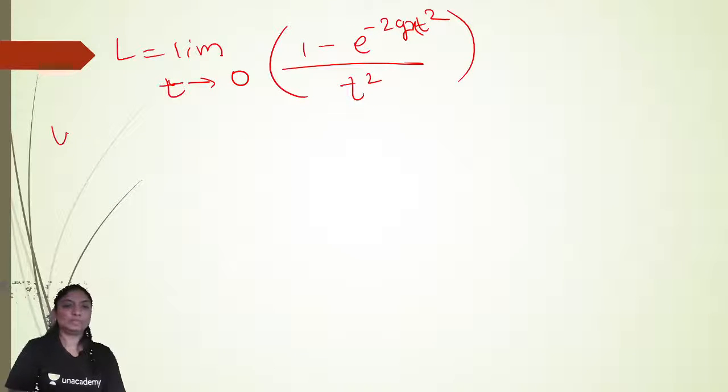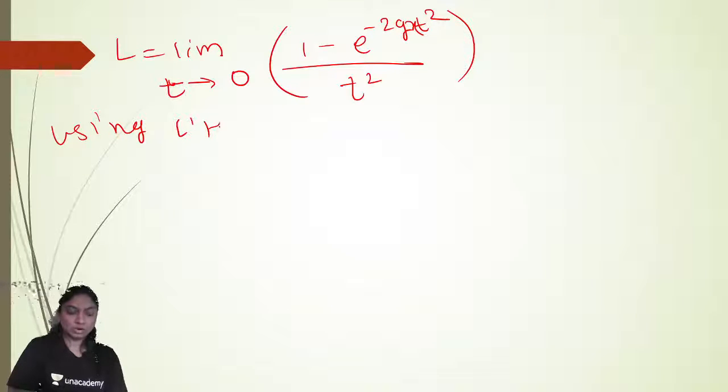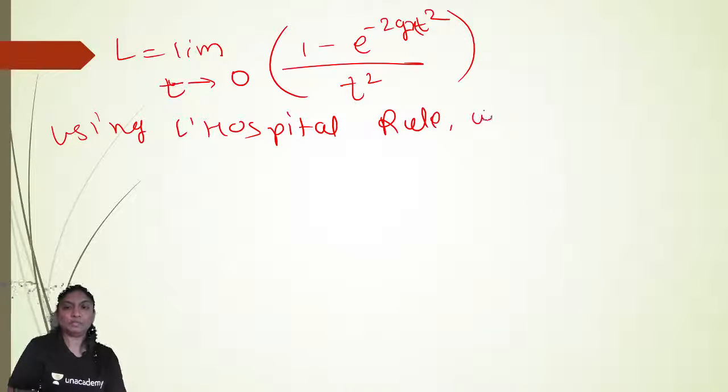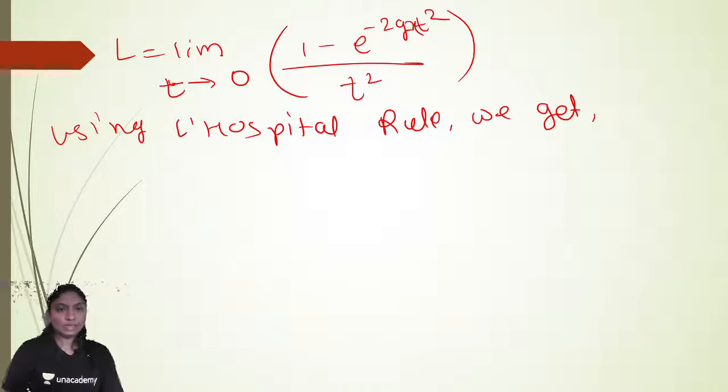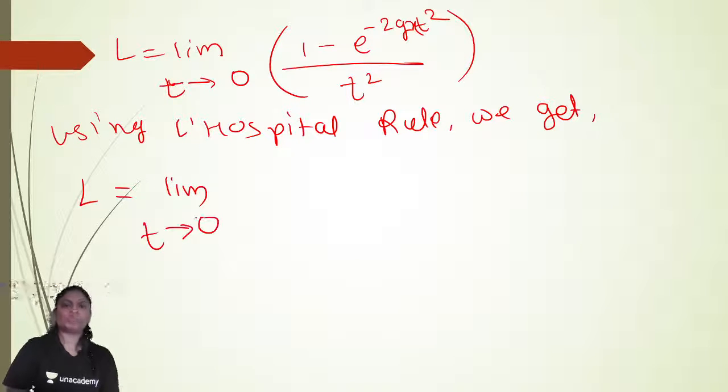Now using L'Hospital rule, we get L is equal to the limit as t tends to 0. The derivative of 1 is 0, so minus e raised to minus 2gx t square.